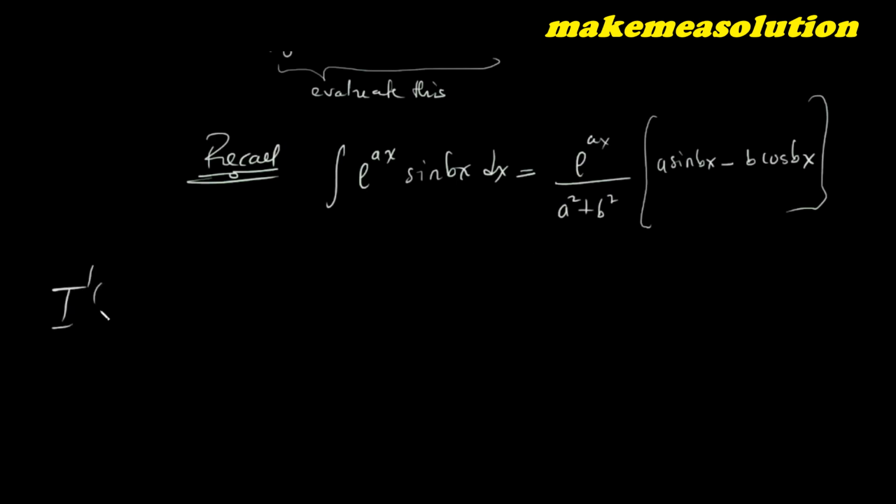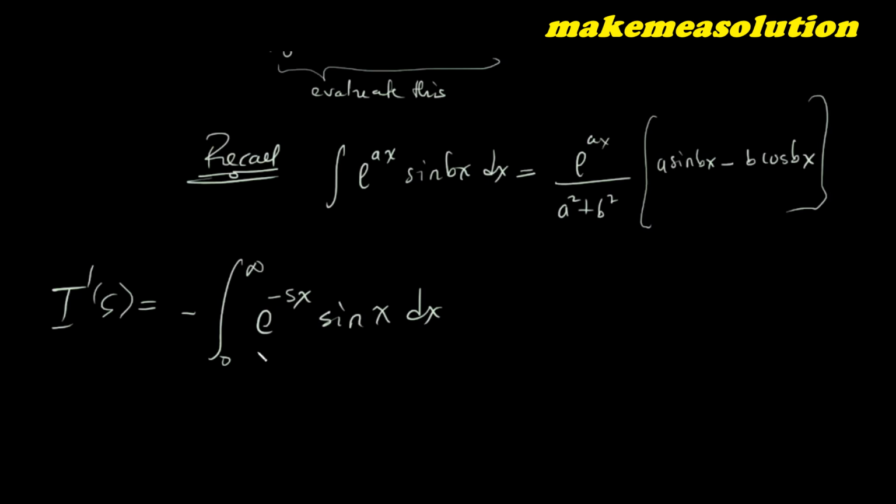I'm going to use this standard integral to evaluate I prime of s, which is minus the integral from 0 to infinity of exponential minus sx sine x dx. In this case, my a is minus s and my b is 1.